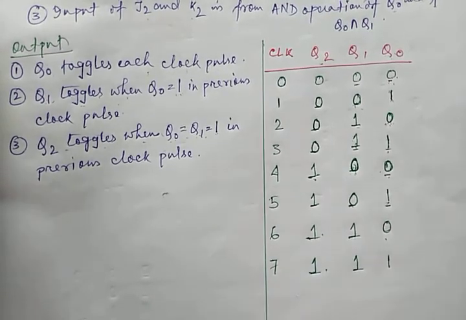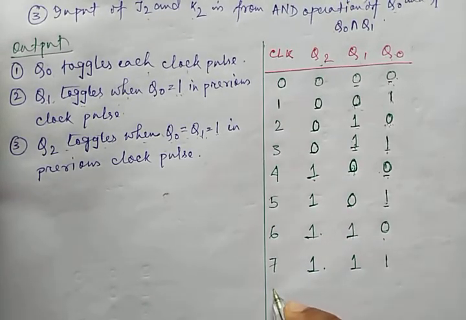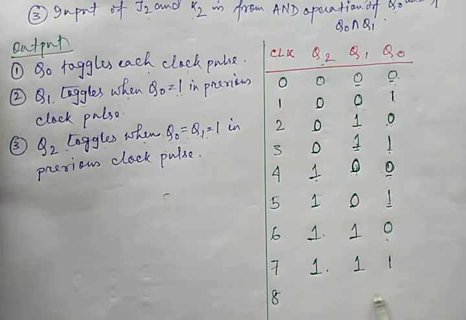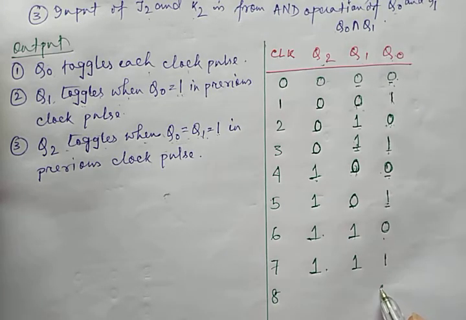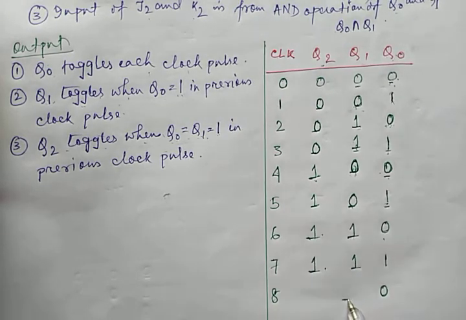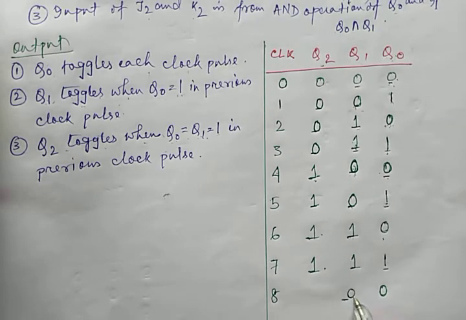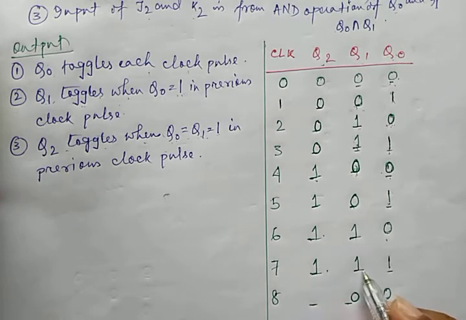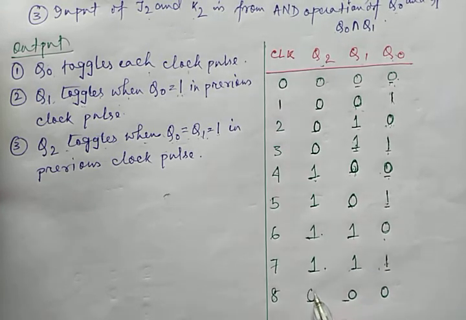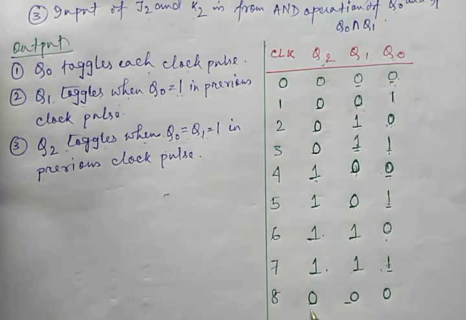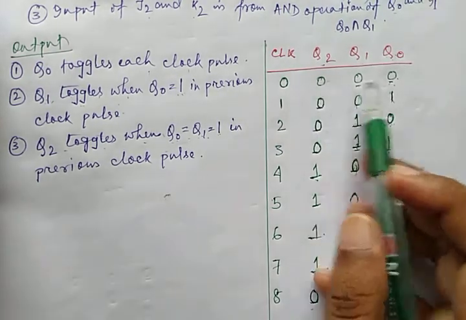Okay, and again for the next clock pulse, Q0 toggles to 0. For Q1, you can see Q0 is 1 in the previous state, so it will change to 0. For the Q2 value, both the values of Q0 and Q1 are 1, so it will change into 0. You can see it comes back to its first state.